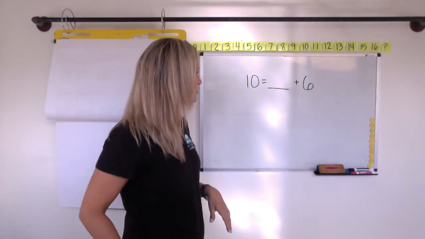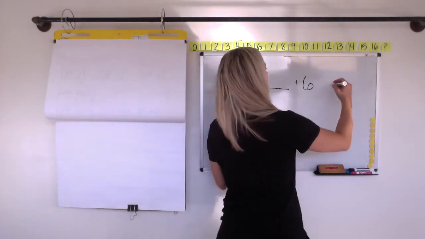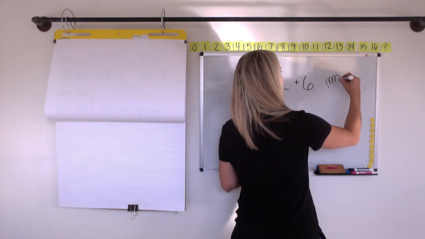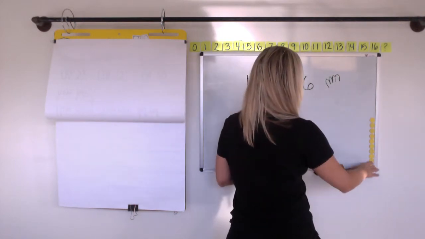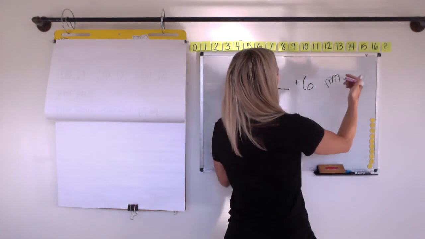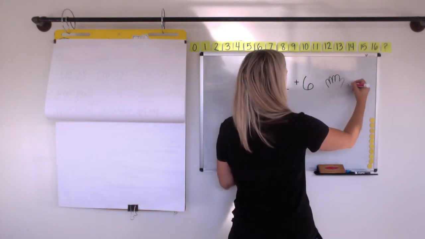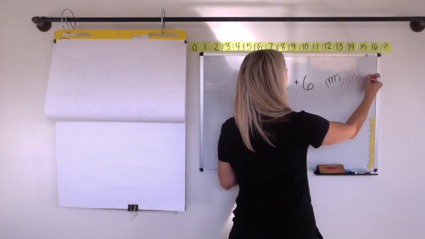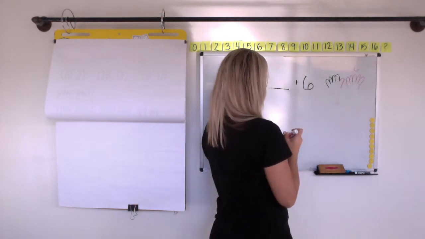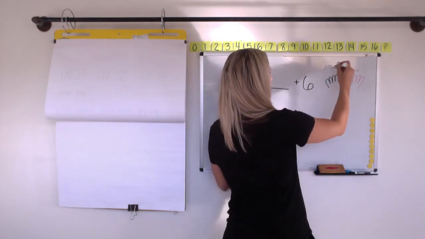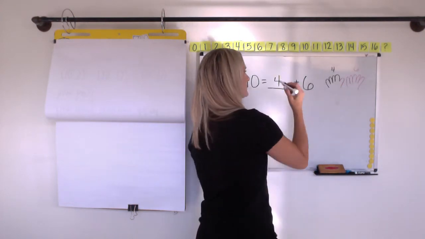Okay, so we can draw that out. 1, 2, 3, 4. And then we already had 6. 1, 2, 3, 4, 5, 6. So there's my 6. And there's my 4. So my answer must be 4.